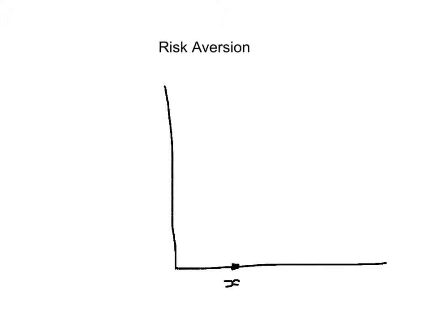Now we can think of risk aversion in the following way. If a consumer is facing two possible outcomes, X and Y, and we could think of these as monetary outcomes, cash if you like, given the following utility function.